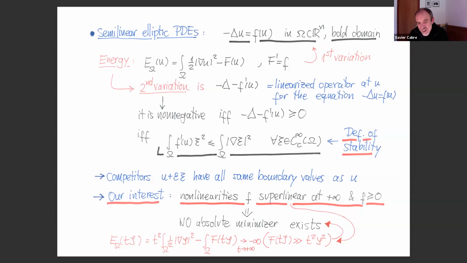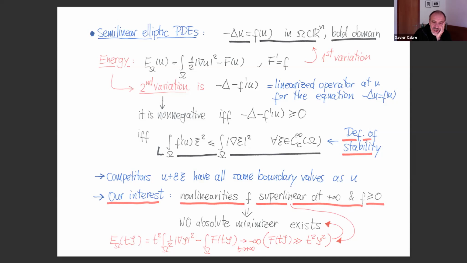These are really reacting nonlinearities, because they are non-negative and powerful, say superlinear at infinity. So these are the nonlinearities for which estimates and regularity are difficult to prove. Estimates for the solution are hard to prove.